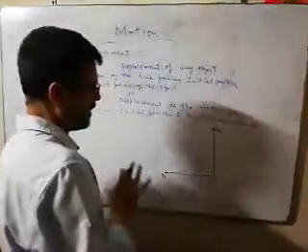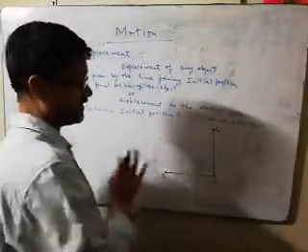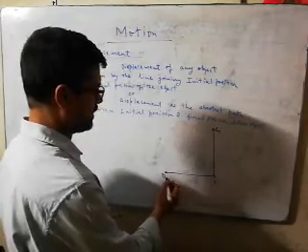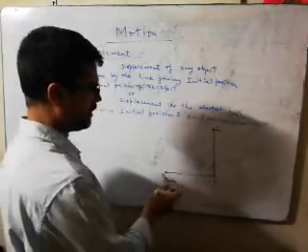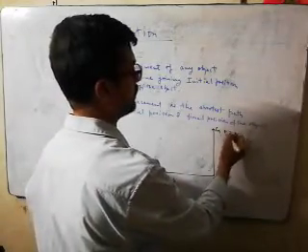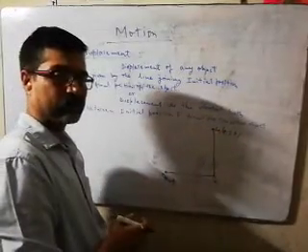So if we have to find the displacement of this object, maybe at t equal to 0, initial time it was 0, and after some time, t equal to t, the object reaches point G.